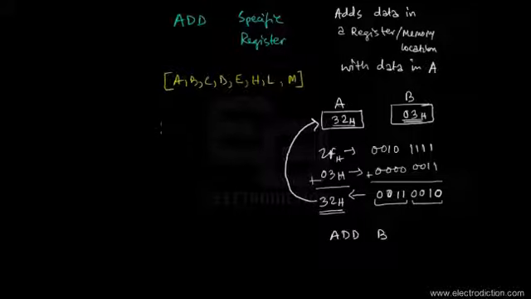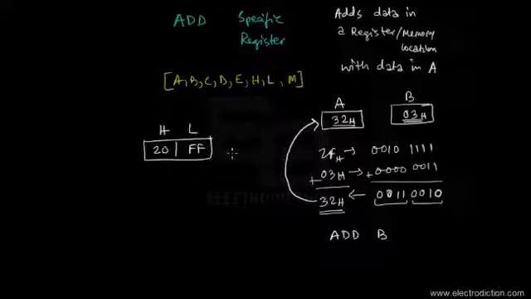Let's say you had the memory location 20FFH loaded in the HL register pair, and you wanted the data byte present in this memory location to be added to the data byte in A. Let's say at this moment the register A is storing a data byte of B2H.